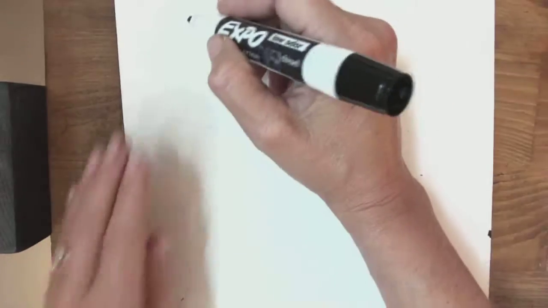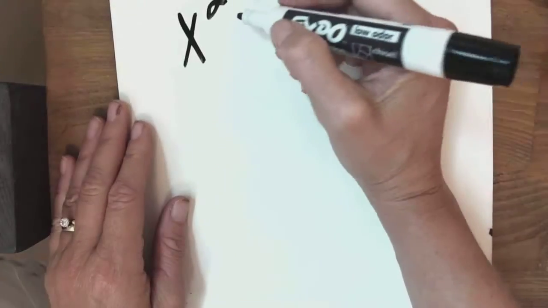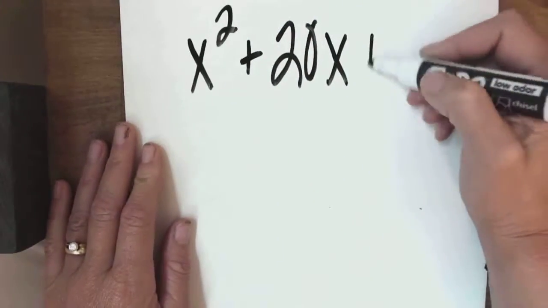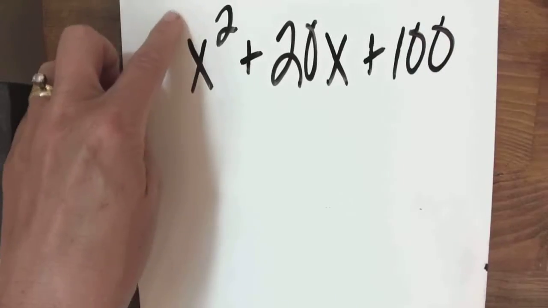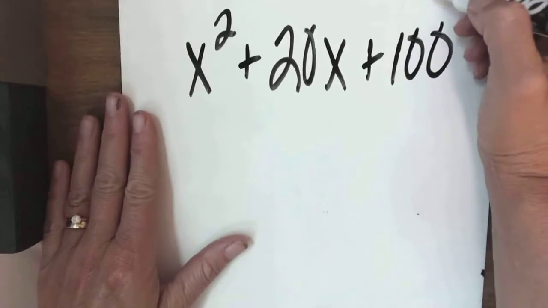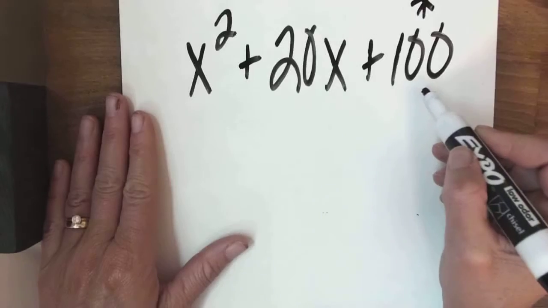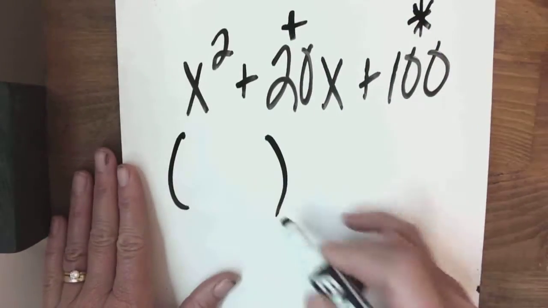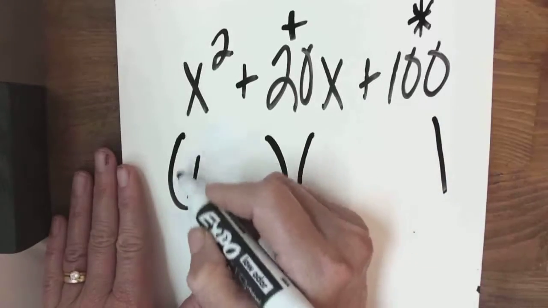And I'll just try one like x squared, let's say, plus 20x plus 100. Now there is a 1 here, so you can always go back to what multiplies together to give you 100, adds to give you 20, and those numbers are 10 and 10.